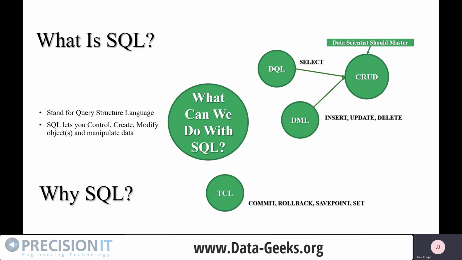I read articles about what language people use most for data science. SQL happened to be the first one, and Python is the second, but Python is not even close to SQL. Let's say 5,000 people vote: 4,000 is SQL, 800 is Python, and the rest is Scala and something else.